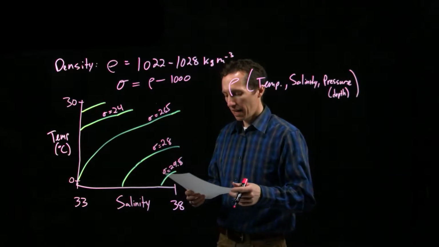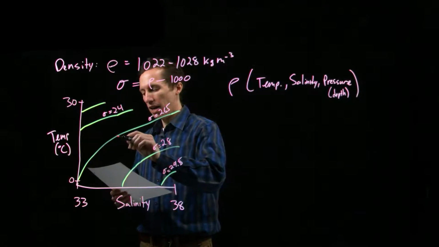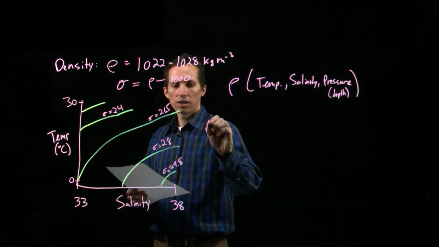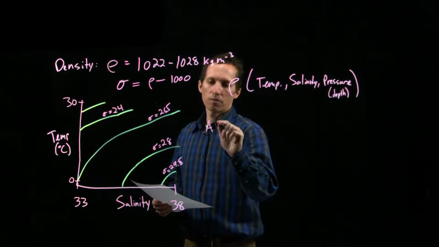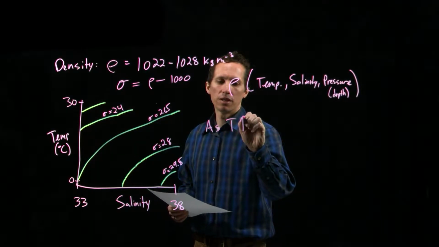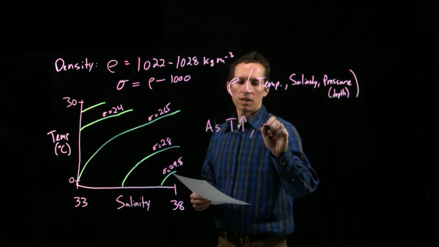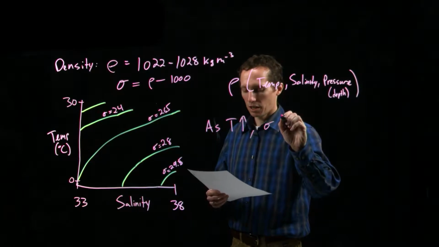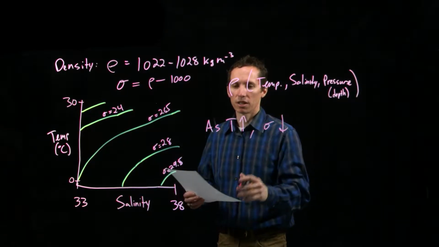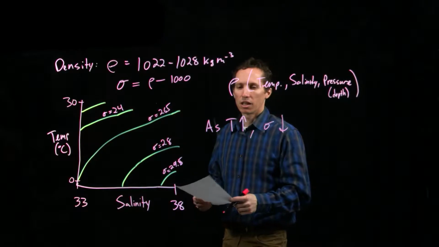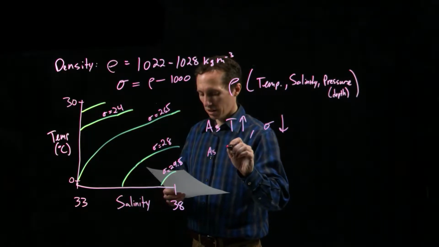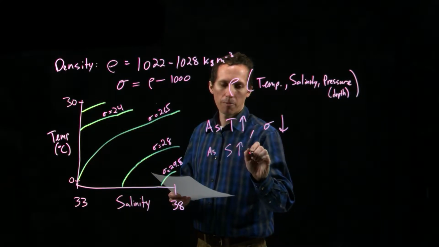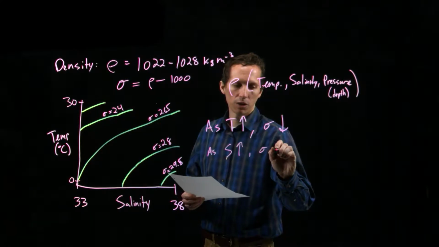We can see that as temperature increases, as T increases, sigma or density goes down. That's because of the expansion of seawater. And as salinity goes up, sigma goes up.